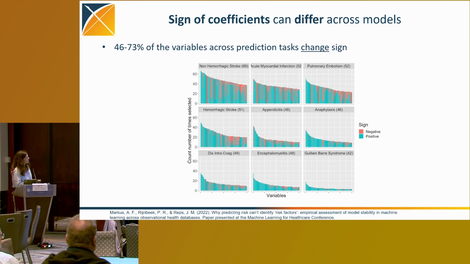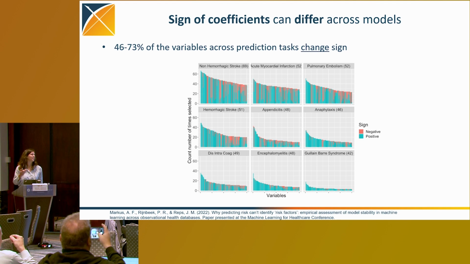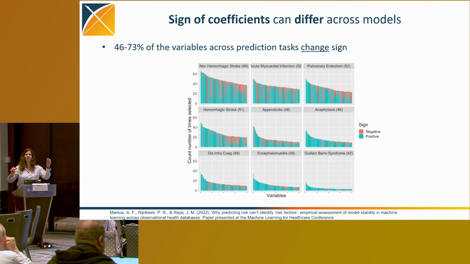But any bar that has two colors in it, both red and green, means that for some models, the effect of the variable on the outcome was positive, and for some, it was negative. Summarizing this in a number, we found that across the different prediction tasks, 46 to 73% of the variables change the sign.